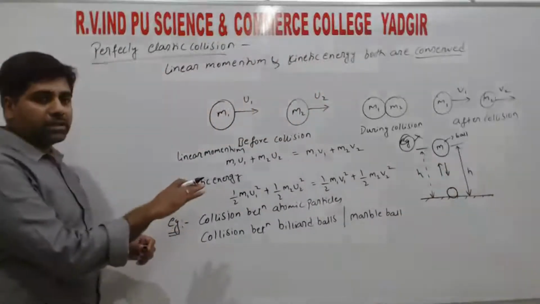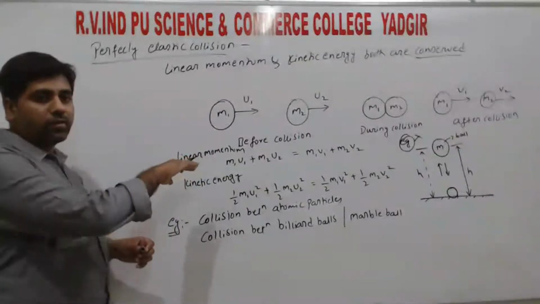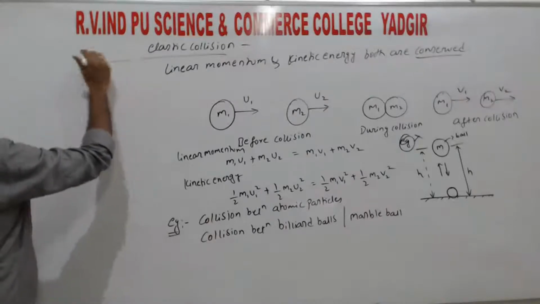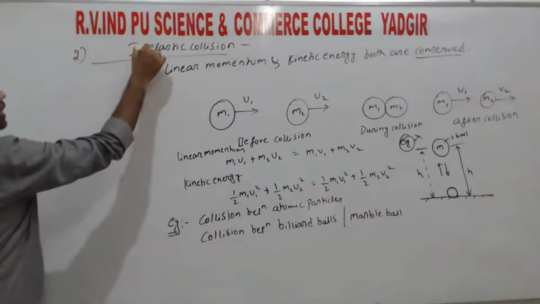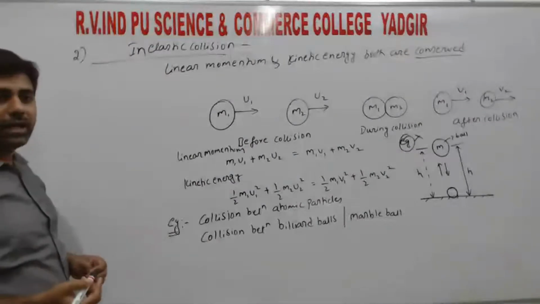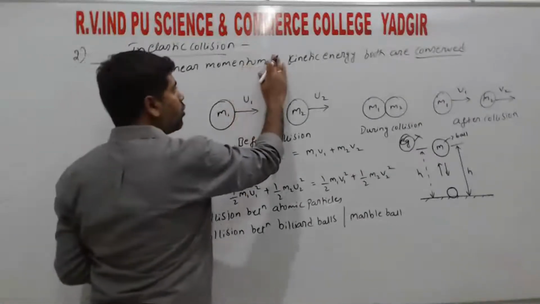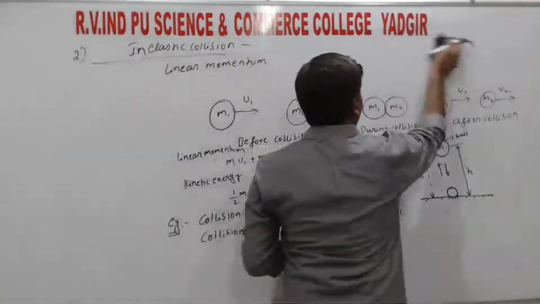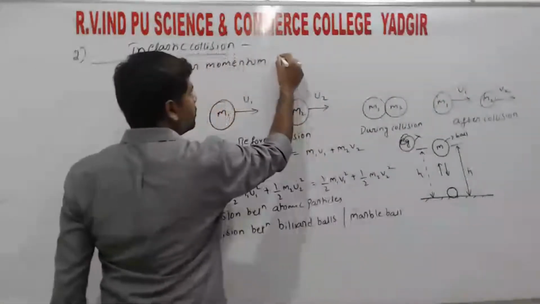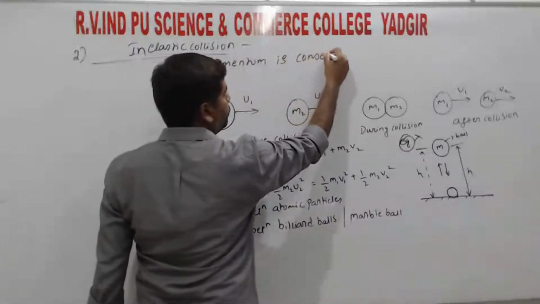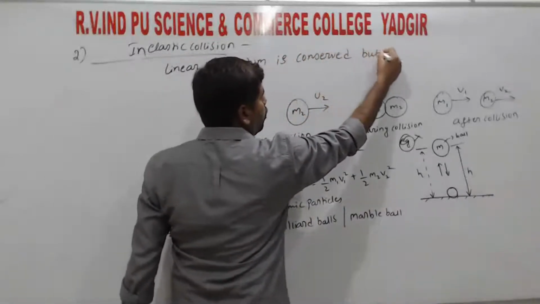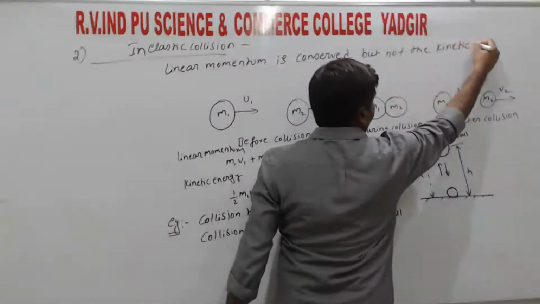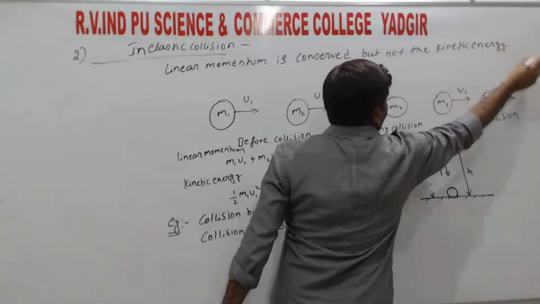So if it reaches the same height, it is a perfectly elastic collision. If it doesn't reach the same height, then that is the second one, the inelastic collision. So in an inelastic collision, what happens? Linear momentum is conserved but not the kinetic energy, right?